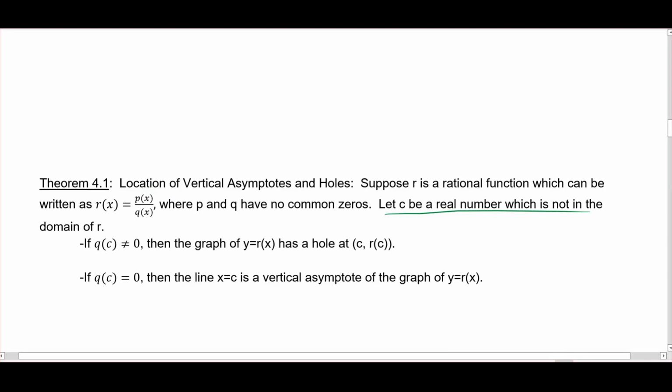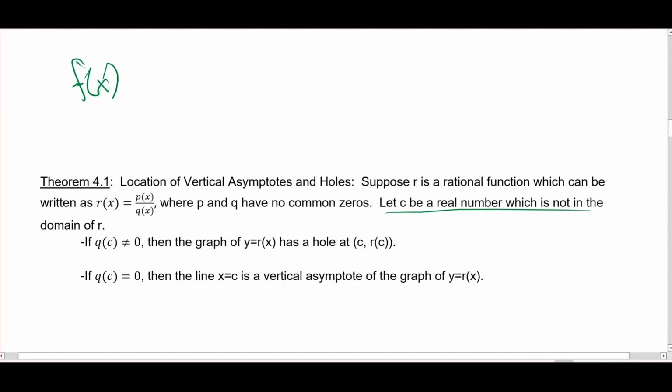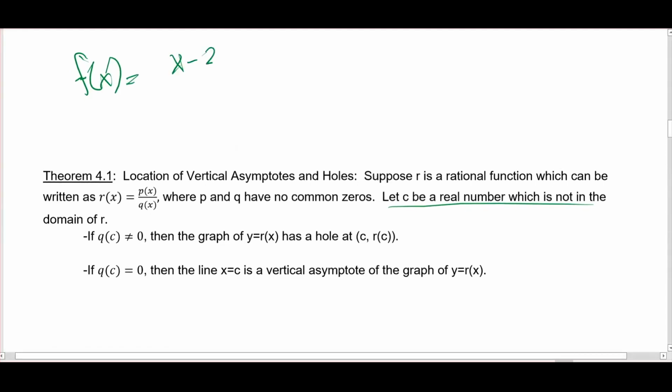So let's maybe write one of these out here and kind of look at what's happening. So how about, I'm just moving that all over the place. Let's have x minus 2 in the numerator, and let's have x times x minus 2 in the denominator.